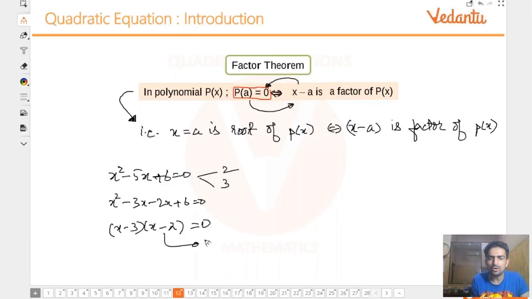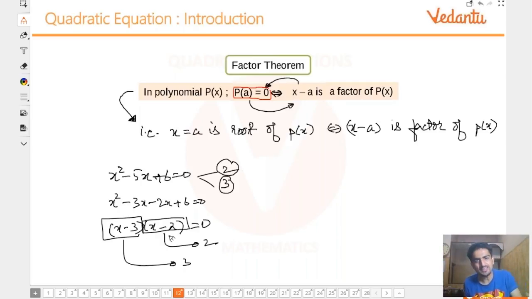From here I would have got 2. From here I would have got 3. So clearly if 2 is a root, x minus 2 must be a factor. If 3 is a root, x minus 3 must be a factor. That is why they are roots, no? From there only we got these roots. So that is the approach to understand this factor theorem.